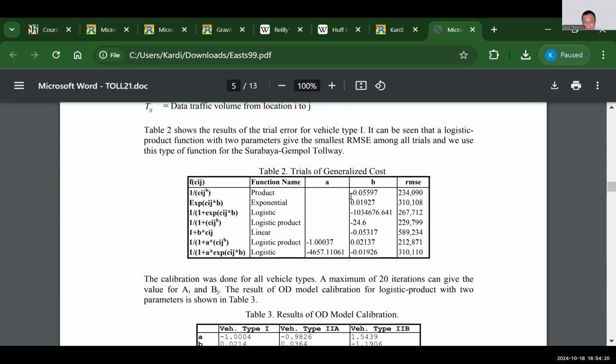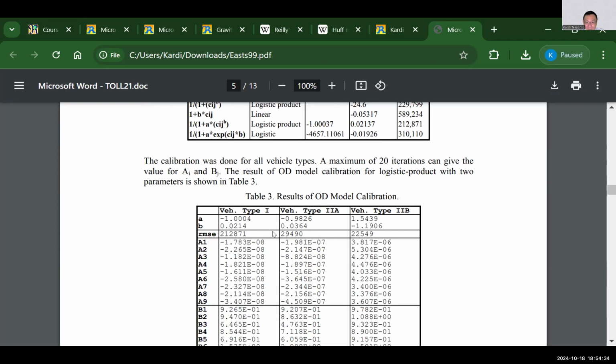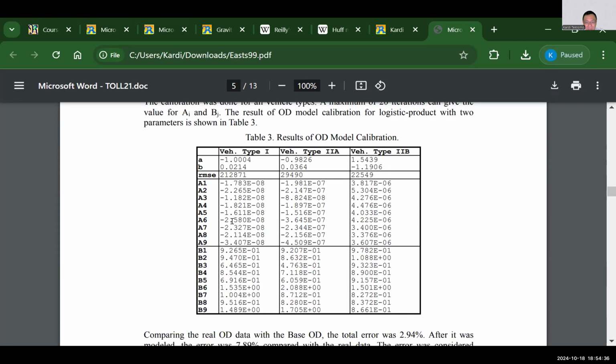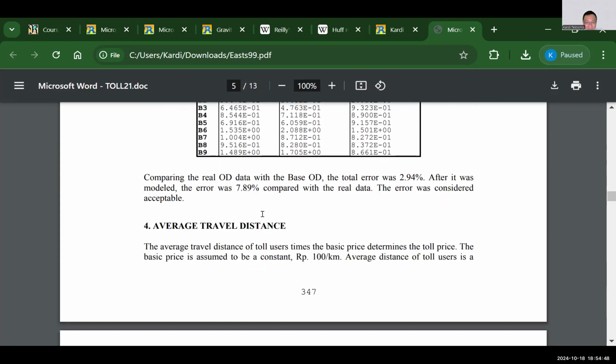And we run it because we know the cost function, the A and B, to minimize the RMSE. Then these are the results of the A_i and B_j a while ago, separate for each vehicle because there are 3 types of vehicles.